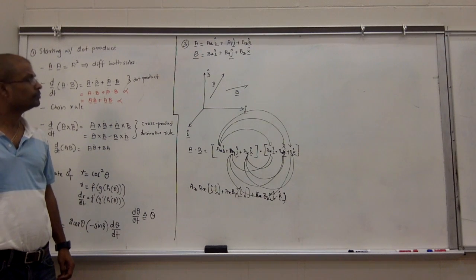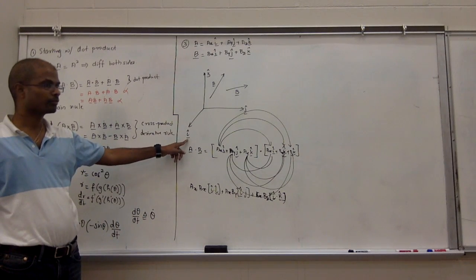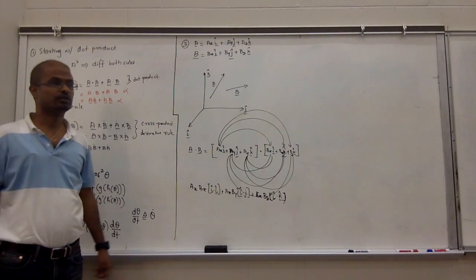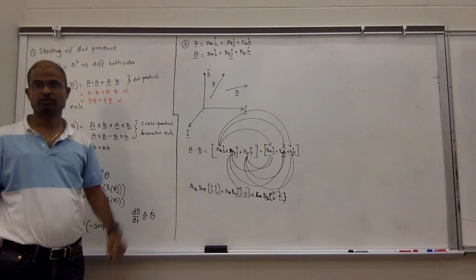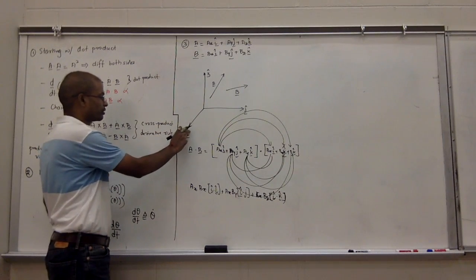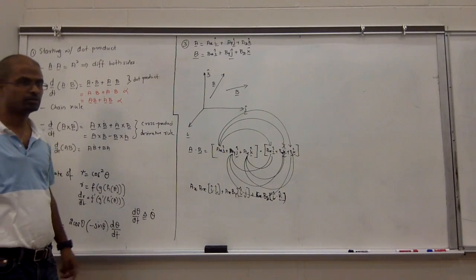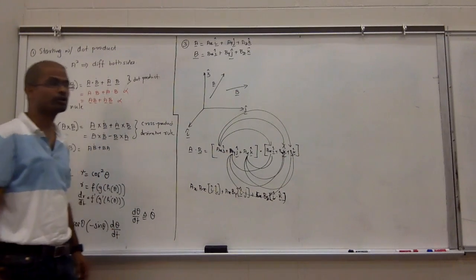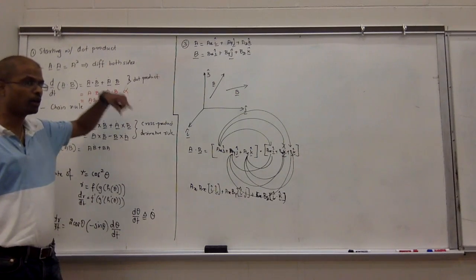Look, what does the cap mean? It's a unit vector, which means the magnitude is 1. If this was not there, I cannot write that as 1. So I square means 1 into 1.